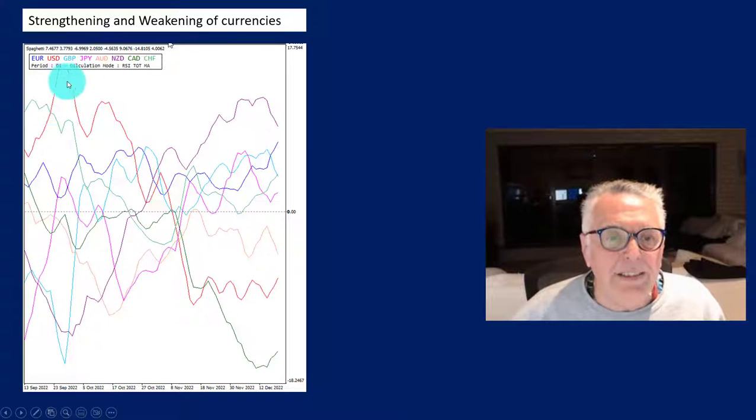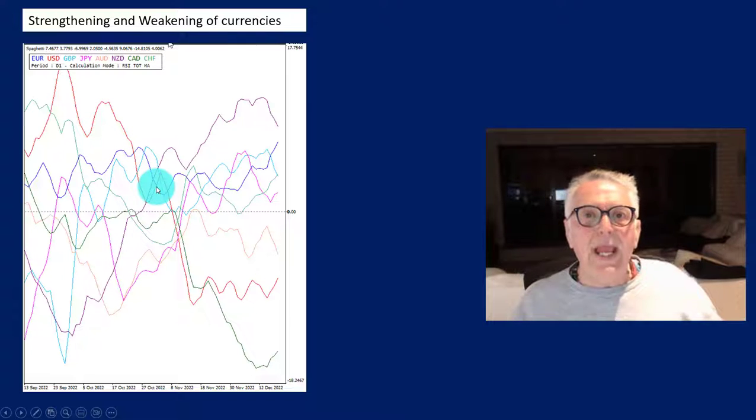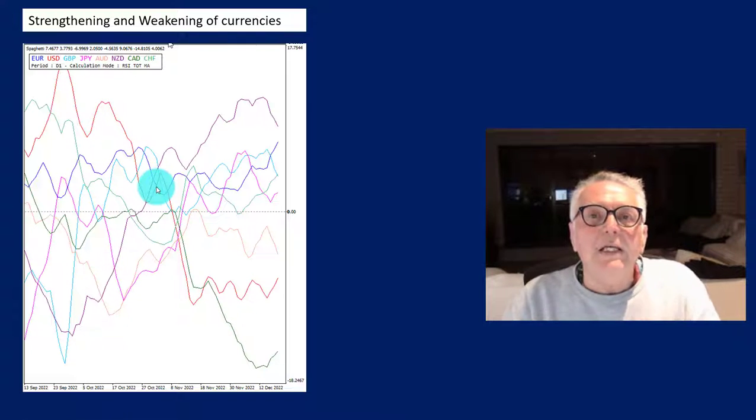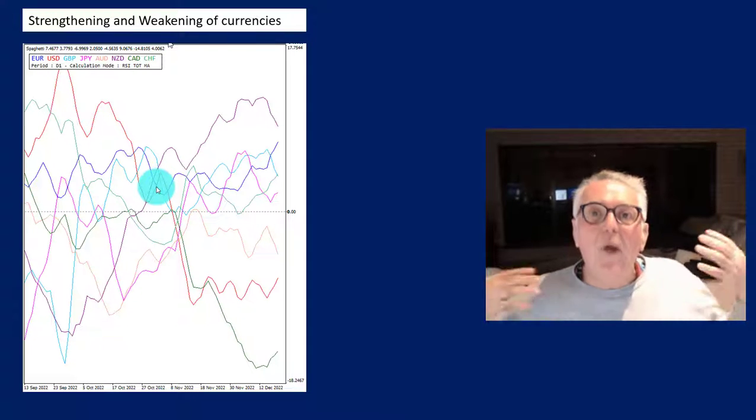So there's an example of a strong currency, that red currency, and a weak currency, the blue currency, and you'll see they eventually meet up. They actually cross at some stage. So strong currencies and weak currencies do not stay that way forever.